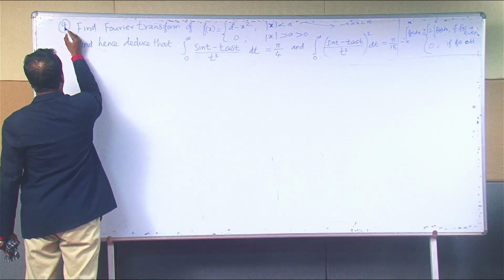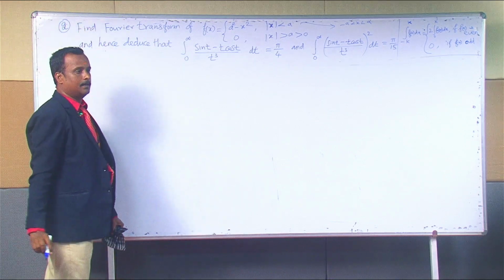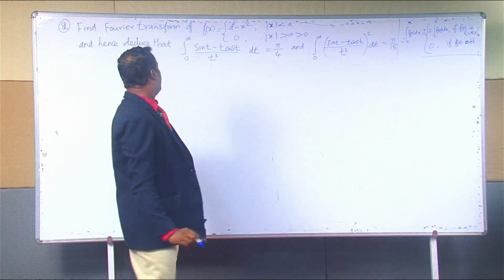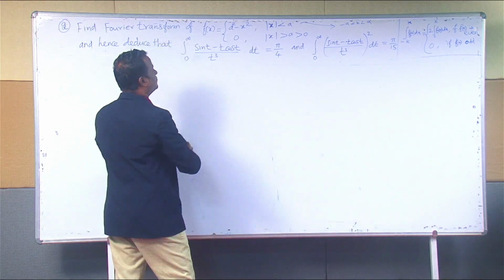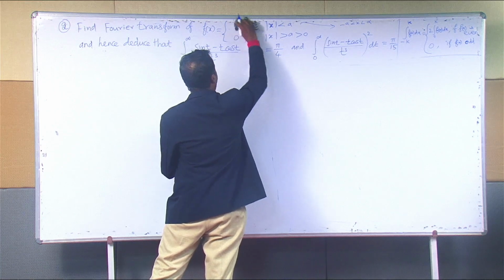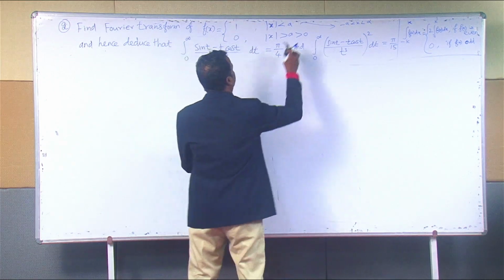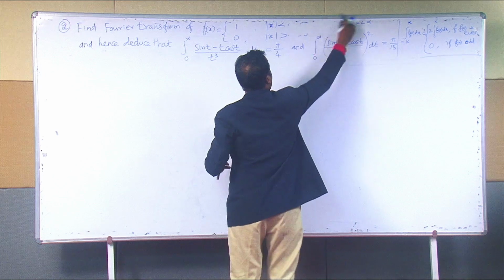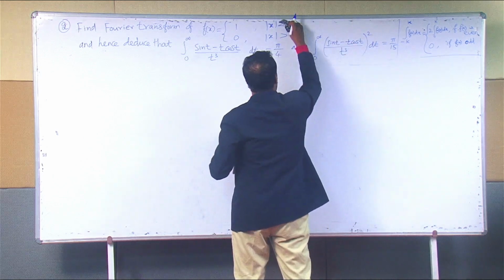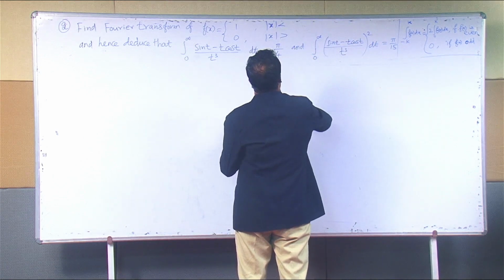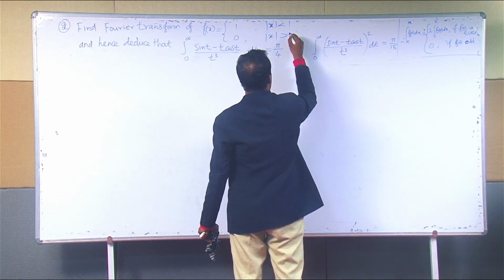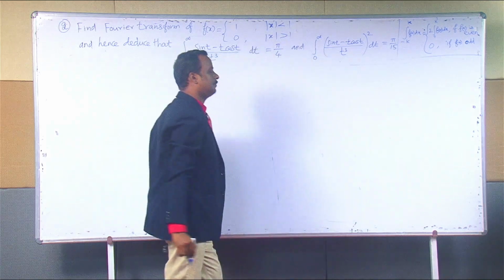To prove the second problem. Now in the second problem, find the Fourier transform of the function f of x equal to 1 for modulus of x less than 1, and 0 for modulus of x greater than 1, otherwise 0.